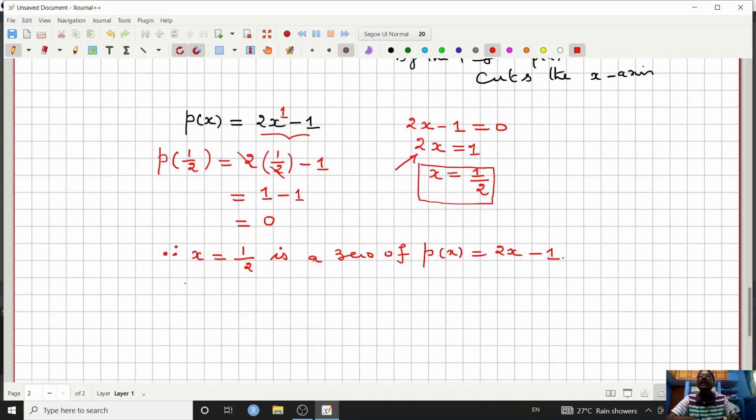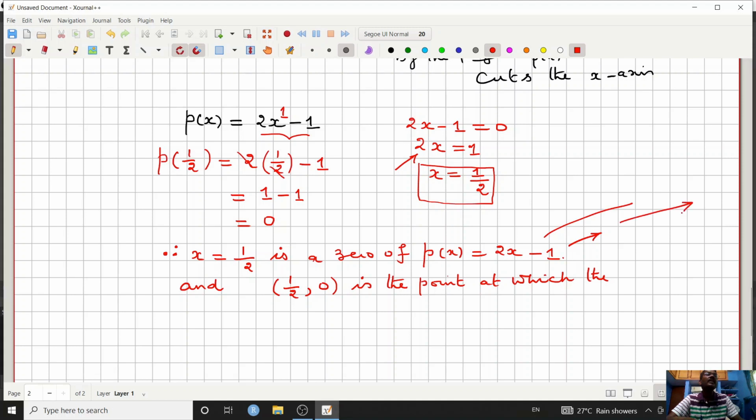Now what is the geometrical meaning? This point 1 by 2 comma 0 is the point at which the straight line, when you try to draw the graph for this linear polynomial, you will get a straight line.